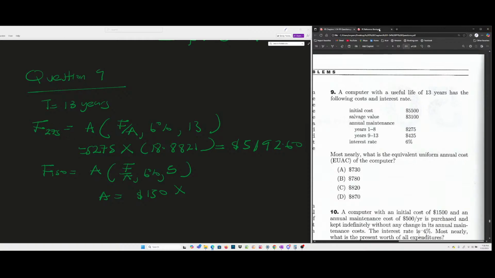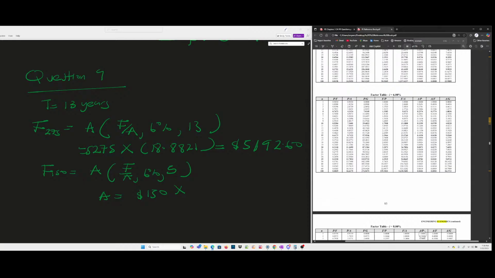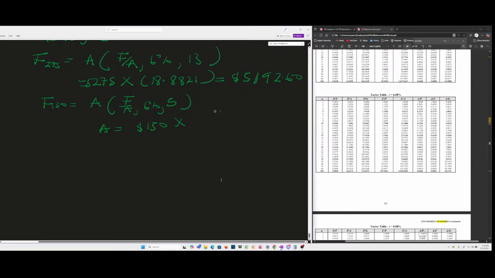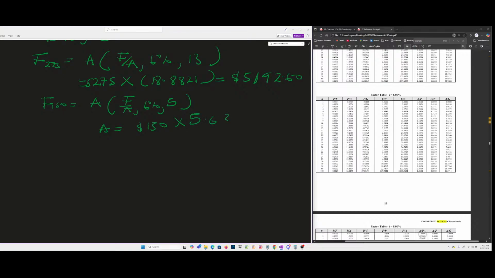So when we're doing the F over A, we're going to do F over A for 5 years. So that's going to give us 150 multiplied by 5.6371, which gives us 845.60.